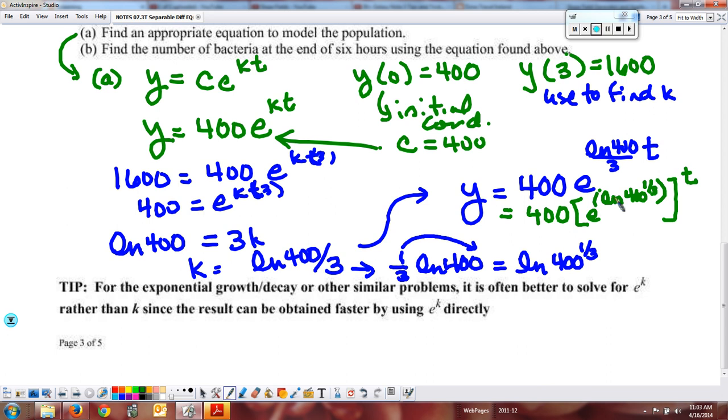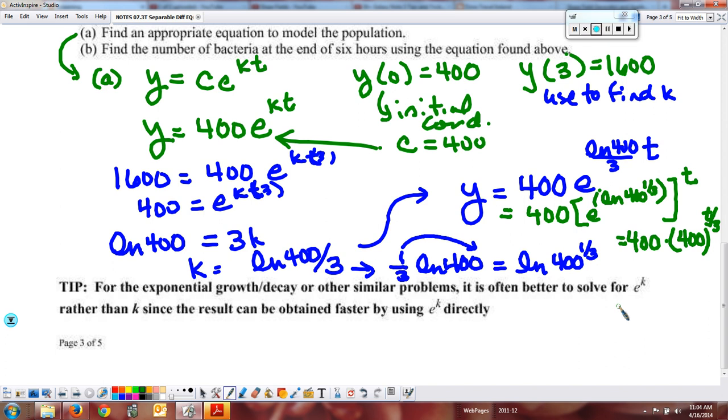They cancel out. So you basically end up with 400 times 400 to the t over 3. And that's what they're saying a lot of times. It's a little easier. Look at how nice the problem is, because we can usually use that to calculate things a little faster and you don't have to have an e.